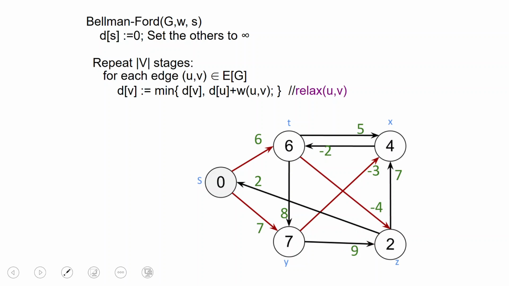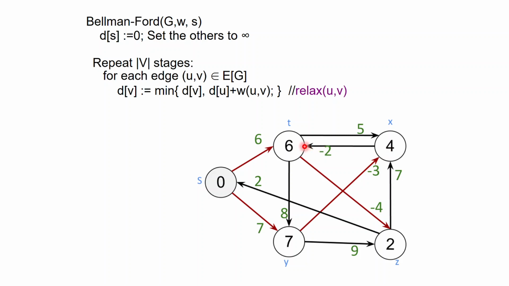And we are not quite done. We have to repeat this V times. We have just done it twice, and in fact at the next iteration something changes. This distance 6 will now become 4, because if I relax the edge XT, then the distance of T can be as small as 4 plus minus 2.